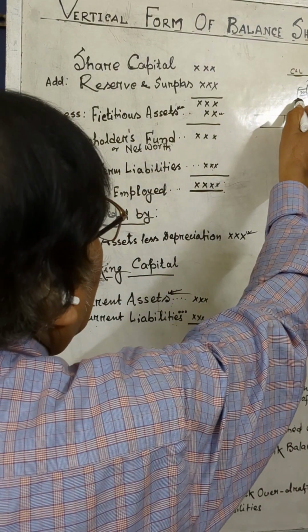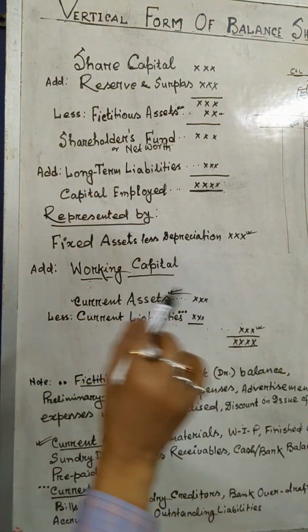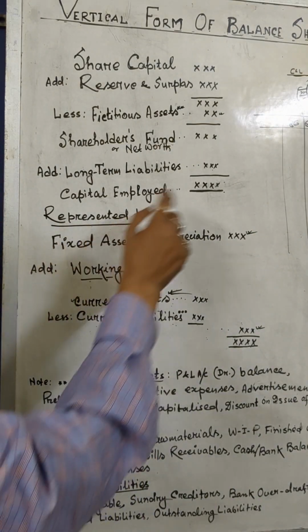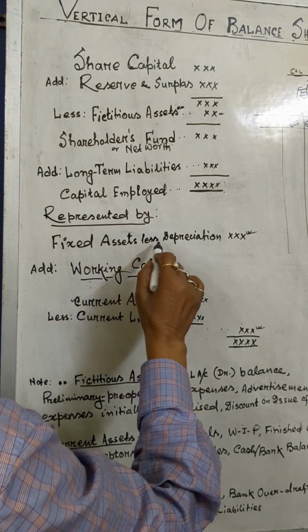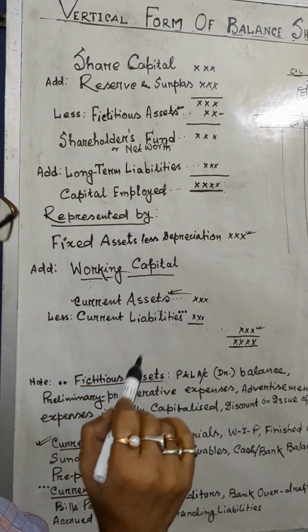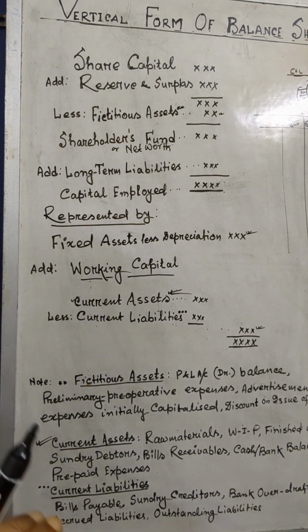I am not taking the current liabilities; that will be considered separately here, and I will discuss it. This figure is represented by fixed assets less depreciation. Fixed assets means land, building, plant and machineries, tools and implements, electricals, furniture.